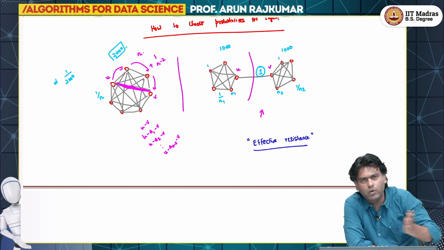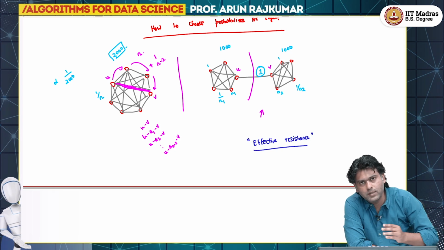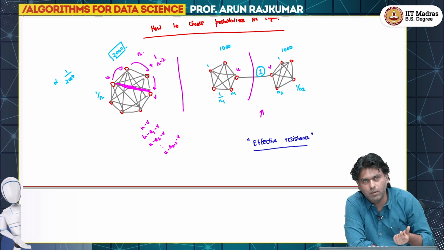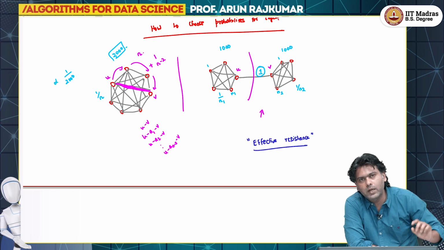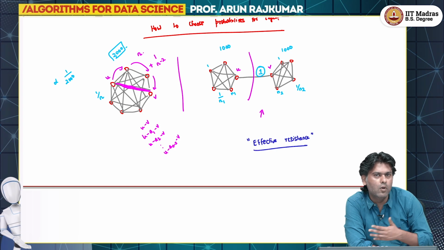Now if I normalize this over all edges to get the exact probabilities, the effective resistance gives me a number, and the exact probability is just the effective resistance of this edge divided by the sum of the effective resistances of all the edges. That is how I would compute a probability distribution over all the edges.